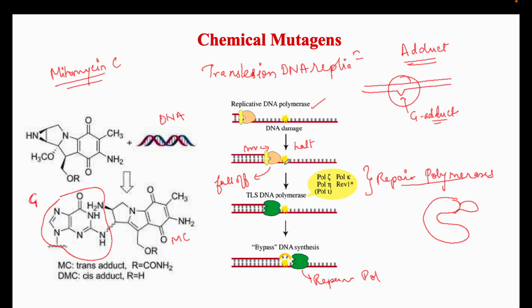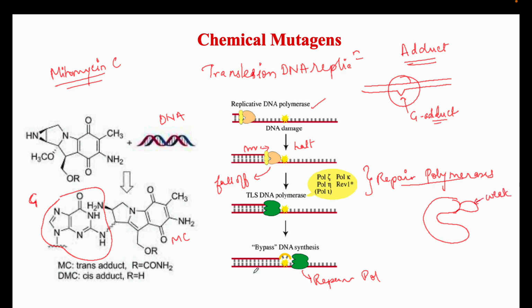Okay, there is a lesion here, and these replicating enzymes are known as repair polymerases or TLS DNA polymerases. Okay, they are able to bypass this adduct, and while bypassing, okay, they don't have much proofreading domain on them. The proofreading domain is very weak.